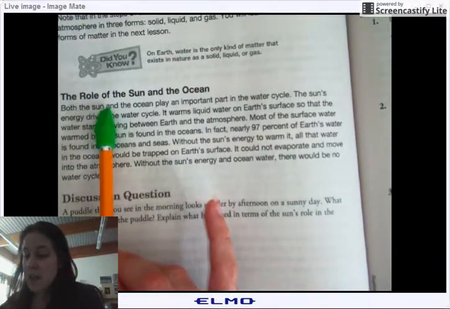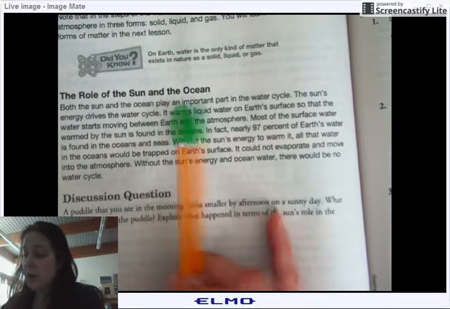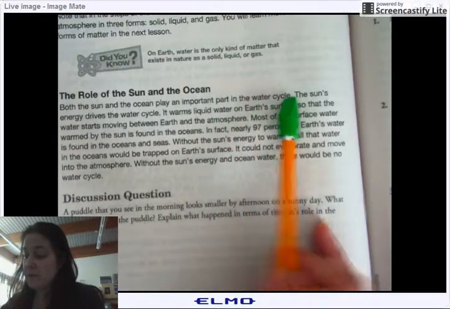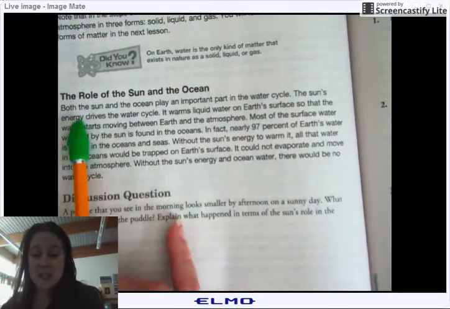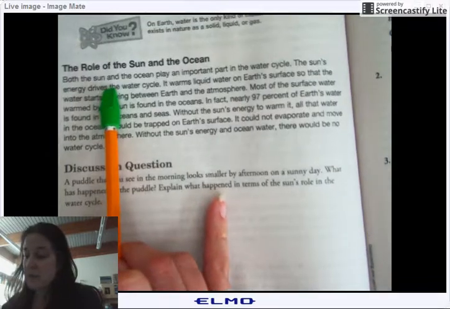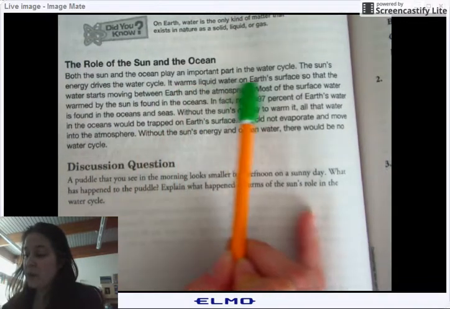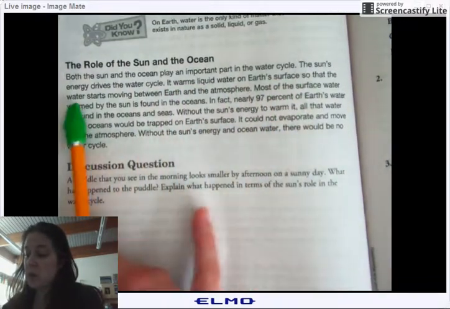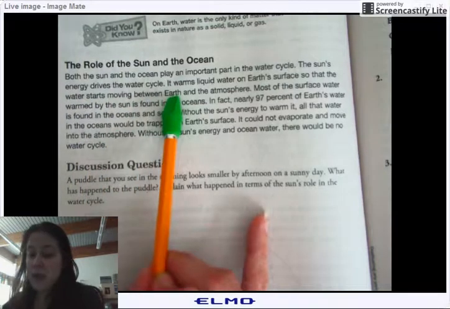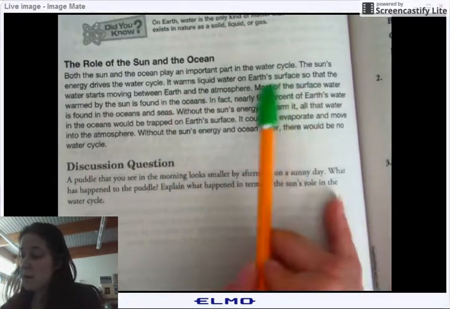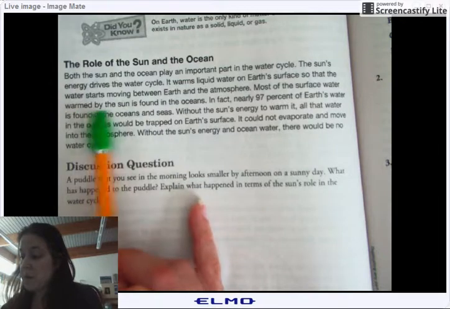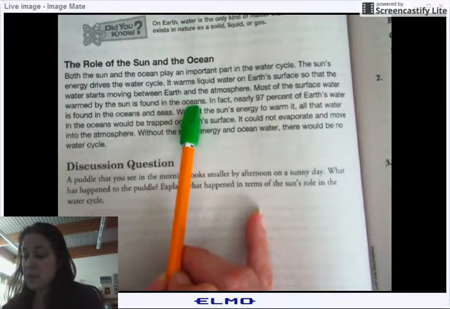Both the sun and the ocean play an important part in the water cycle. The sun's energy drives the water cycle. It warms liquid from the Earth's surface so that the water starts moving between Earth and the atmosphere. Most of the surface water warmed by the sun is found in the oceans.